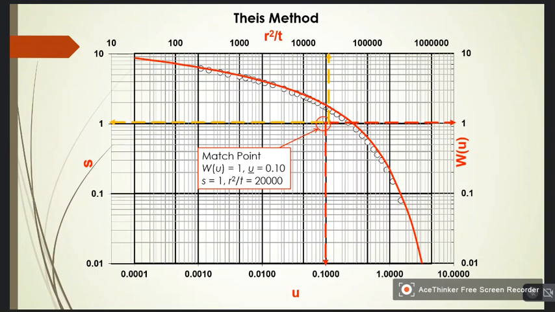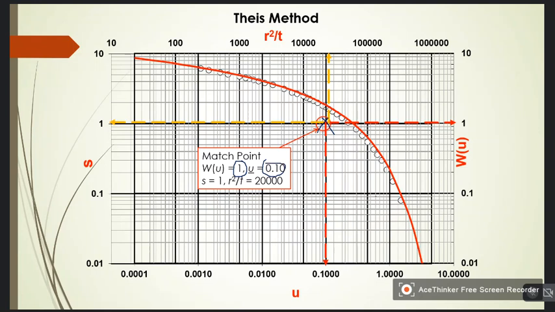That convenient point, as I told, need not be on this graph. I have taken some convenient point for readability. If I take the intersection between two axes, it will be very convenient for me. This will be WU is 1 and U is 0.1.